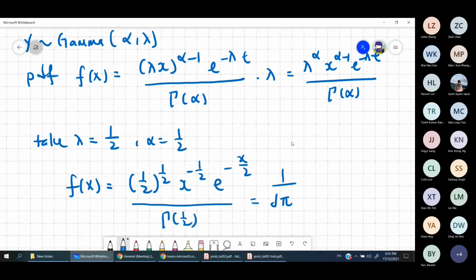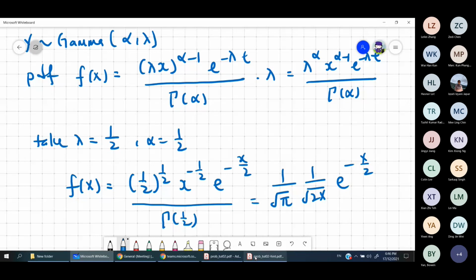Gamma(half) will be square root of pi, so 1 over square root of 2x, e^(minus x over 2). So you can see for this gamma distribution, lambda is half and alpha is half. So the density function is supposed to be in this form.